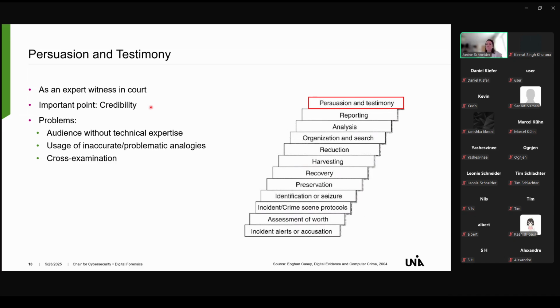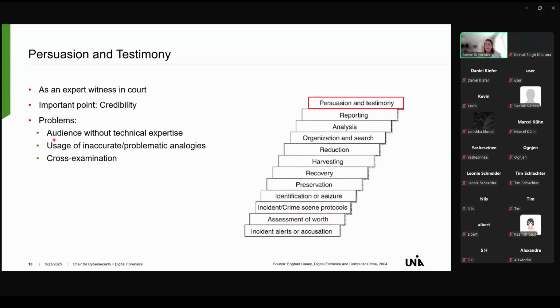And the challenge here is to communicate the important results correctly and in a way that everybody understands what you mean. And the basis for that is good documentation.